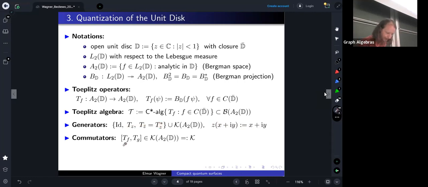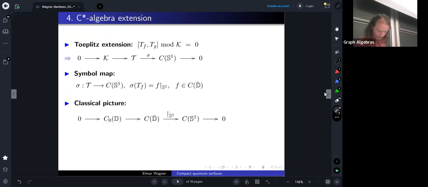For example, that all these operators, the commutators, are compact. So up to compacts, it's a commutative C-star algebra, and it also tells us that all these Toeplitz operators are essentially normal. That I will use in the following.